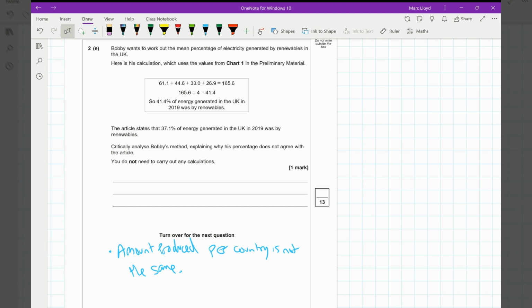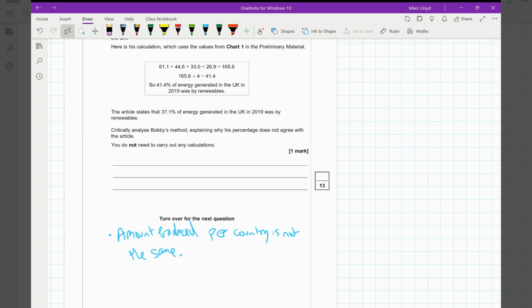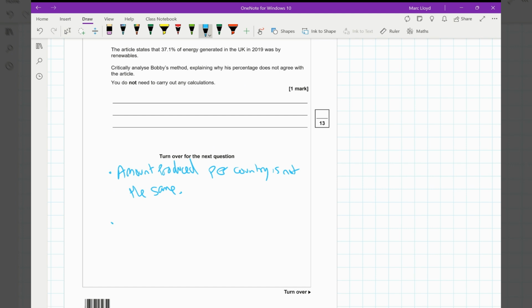We need to critical analyse it, and we've just said the amount produced per country is not the same, and we need to know the actual figures, add them all together, and then work out the average. We could also say, should have worked out the total energy generated by renewables, which is kind of a similar answer. And then the mean percentage is based on each country's total, not the whole.